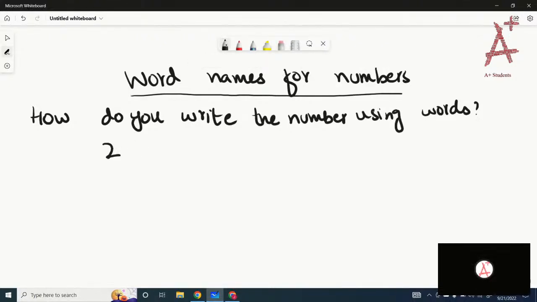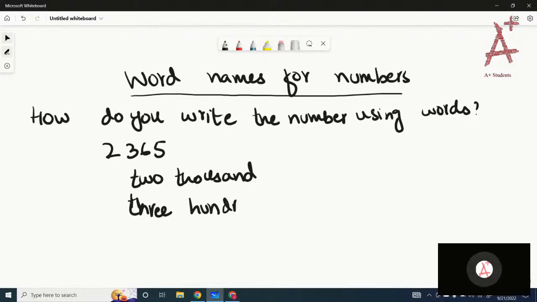The example is 2365. First we see how many thousands we have: two thousand. Then we look for the hundreds. We have three hundred, and then we see the tens and ones, which is 65.